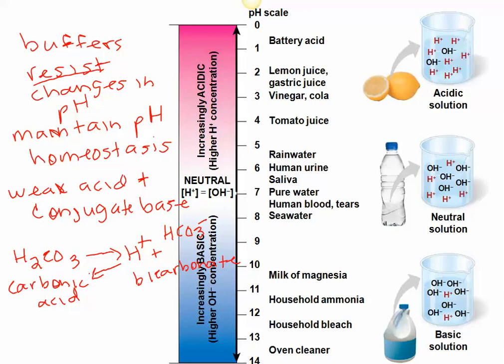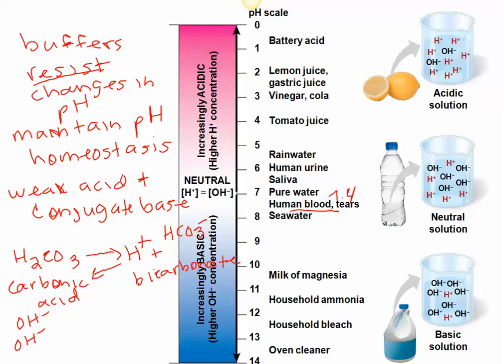Now let's see how buffers work. Let's say, for example, you have too much base in your system, so you may have too many hydroxide ions in your system, and that will cause the pH to increase, go closer to 14. Your blood pH is about 7.4. And the hydroxide ions would cause the pH to increase, go closer to 14.